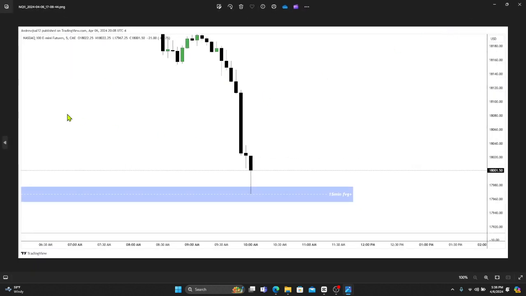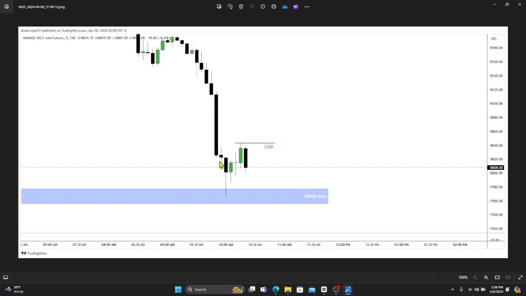Here we have another 15-minute chart. As you can see, we're tapping into a bullish 15-minute PD array from the left here, and we're starting to reject here at 10 a.m. So we want to drop down to the lower time frames. Here we have a 5-minute time frame.